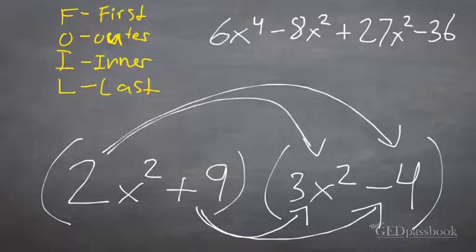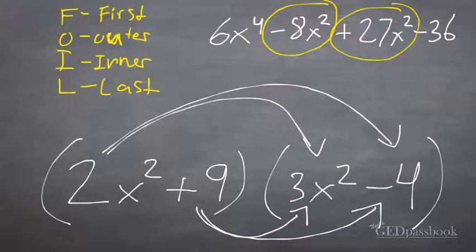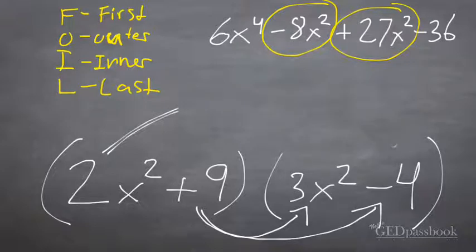Look at this. Negative 8x squared plus 27x squared. What does that become? Positive 19, right? x squared.